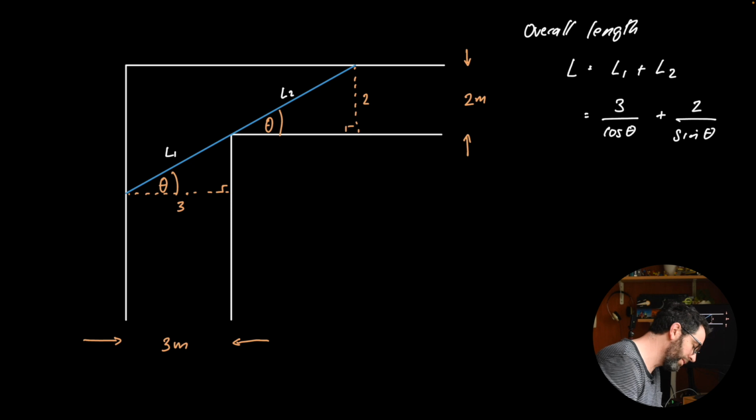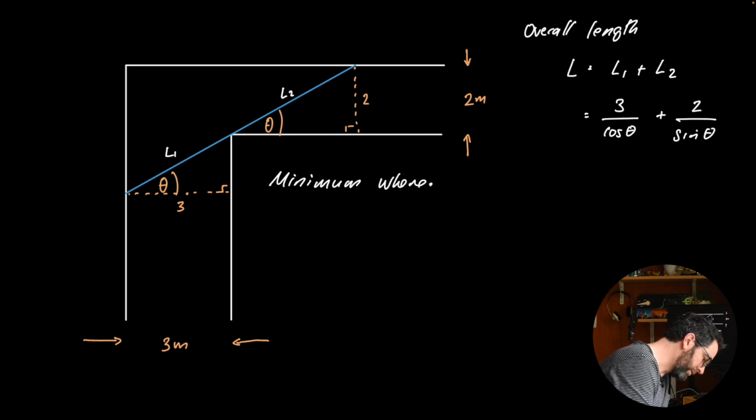We should be able to find the minimum by just differentiating with respect to theta and finding out where that equals 0. So minimum should be where dL by d theta is equal to 0.